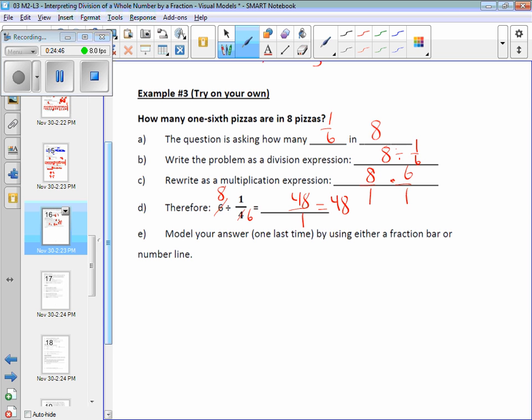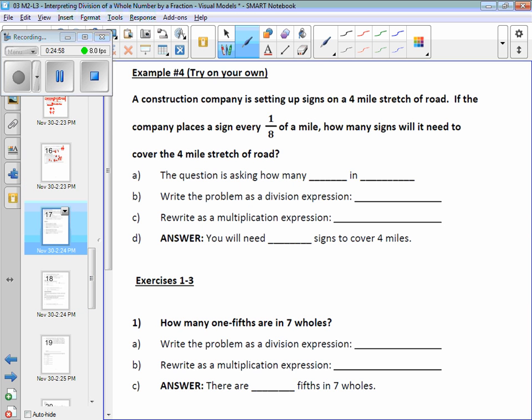The key is that if you're given a word problem, you still have to figure out what the division expression is before anything. Let's do one more together, and then we'll break for lunch, and then you can break up into your groups and do it. Here's an example again. You have a word problem. A construction company is setting up signs on a 4-mile stretch of road.